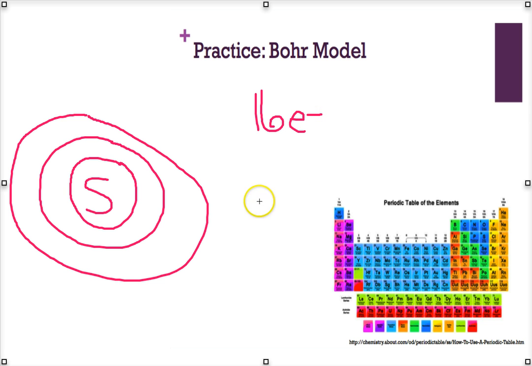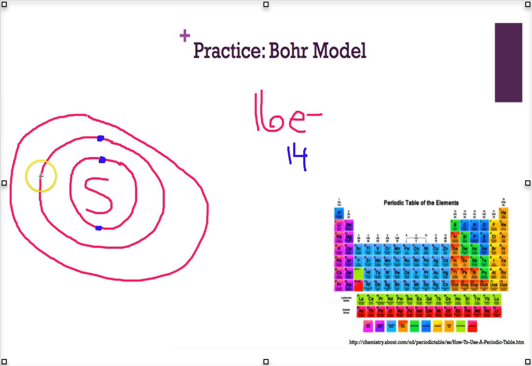So we're going to put the first 2 on that first energy level. So that now brings us down to 14 that we have remaining. Remember, we can only put up to 8, so we'll put the next 8 on this level.